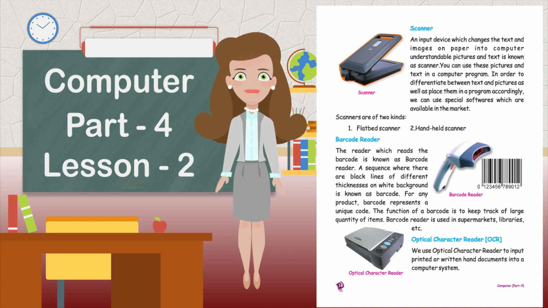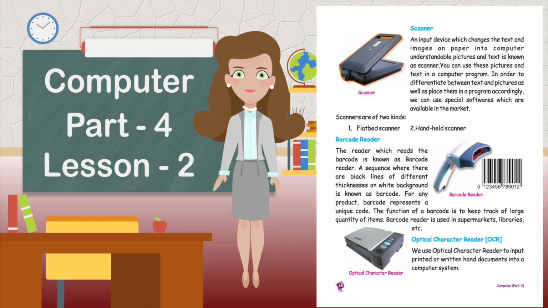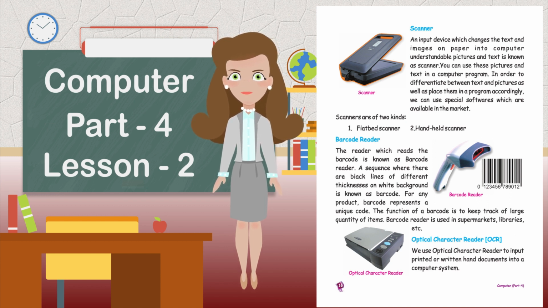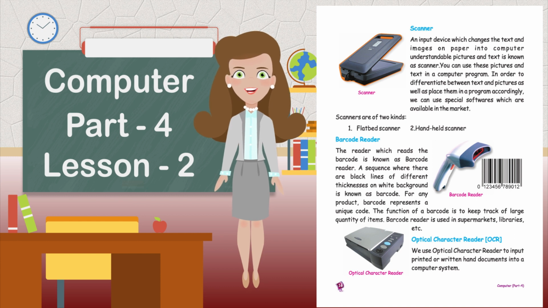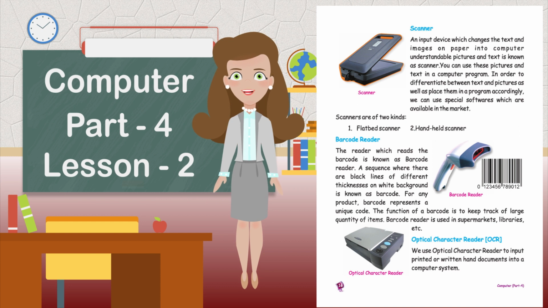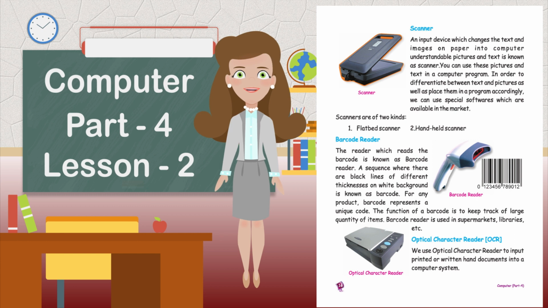In order to differentiate between text and pictures as well as place them in a program accordingly, we can use special softwares which are available in the market. Scanners are of two kinds. Number 1, flatbed scanner. Number 2, handheld scanner.